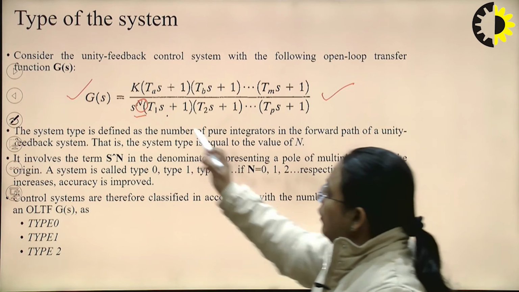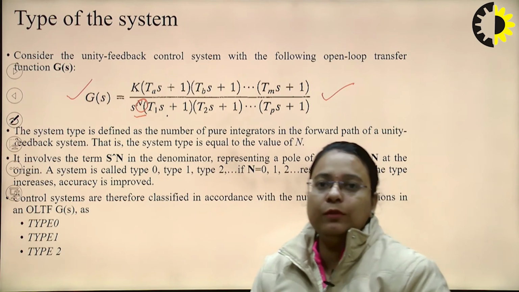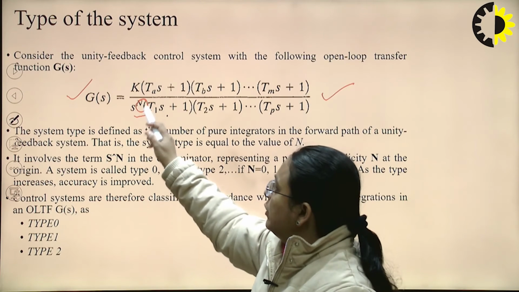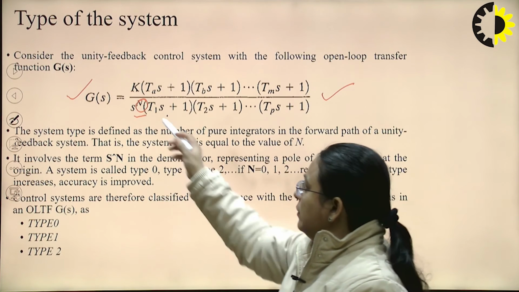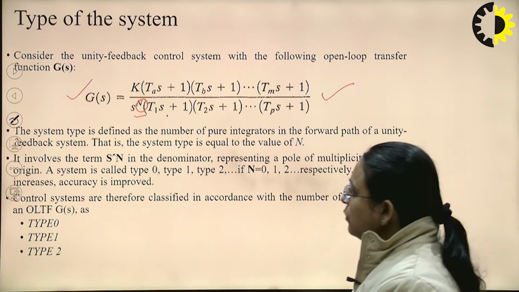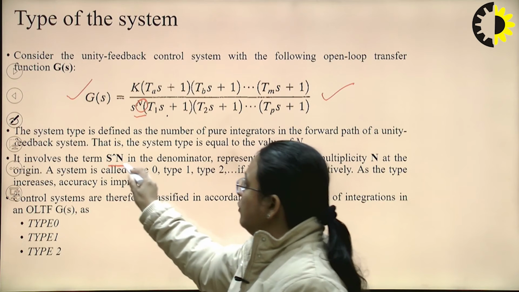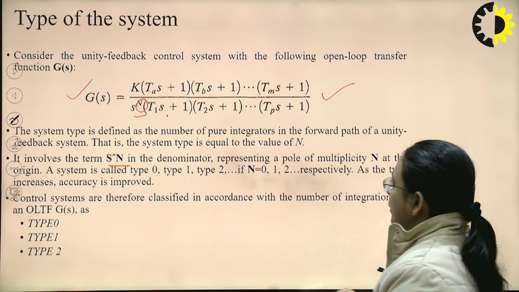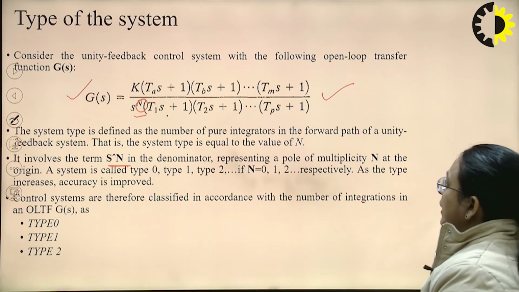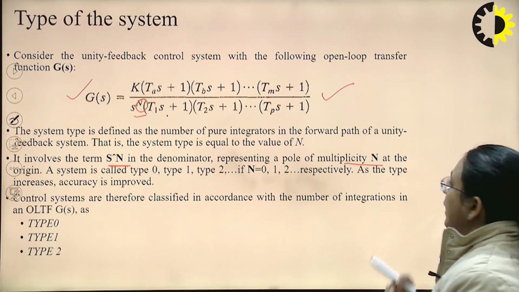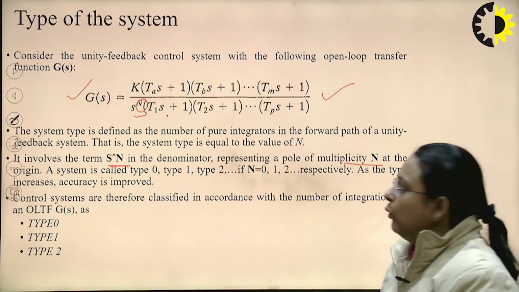If the value of n is 0, then the type of the system will be 0. If here s is raised to the power 1, then the type of the system will be 1, and so on. So it basically involves the term s raised to the power n in the denominator, which represents a pole of multiplicity n at the origin.